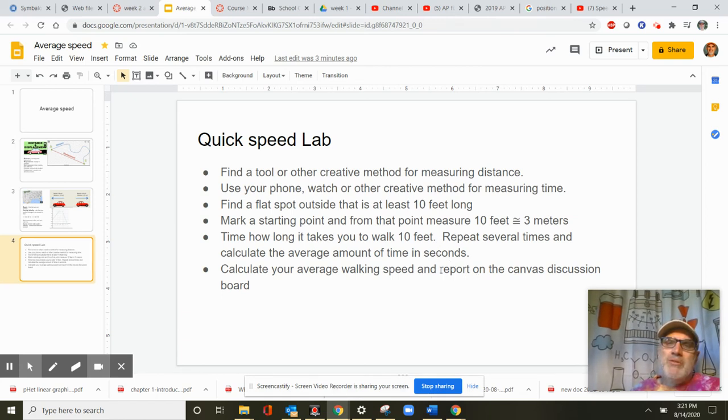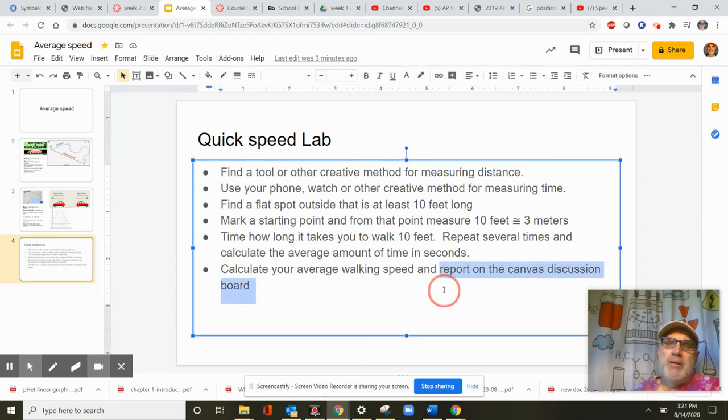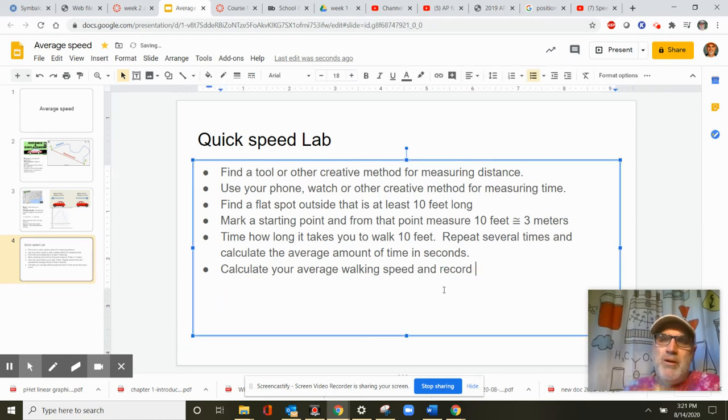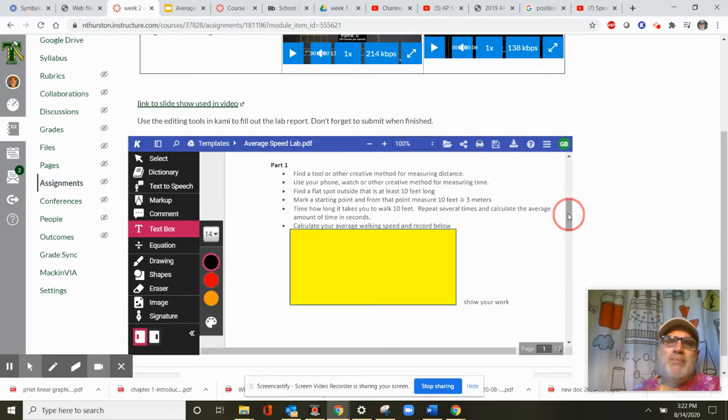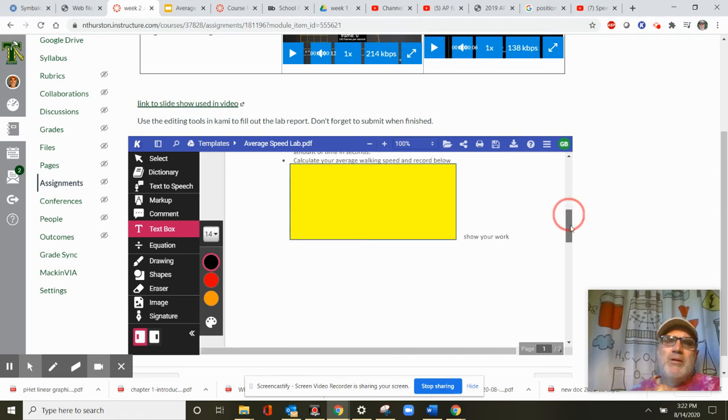And then record it in the lab report. So calculate your average speed. Just go outside and find a place and try to figure out what your average walking speed is in meters per second or feet per second. So that's part 1 for the lab. And show your work.